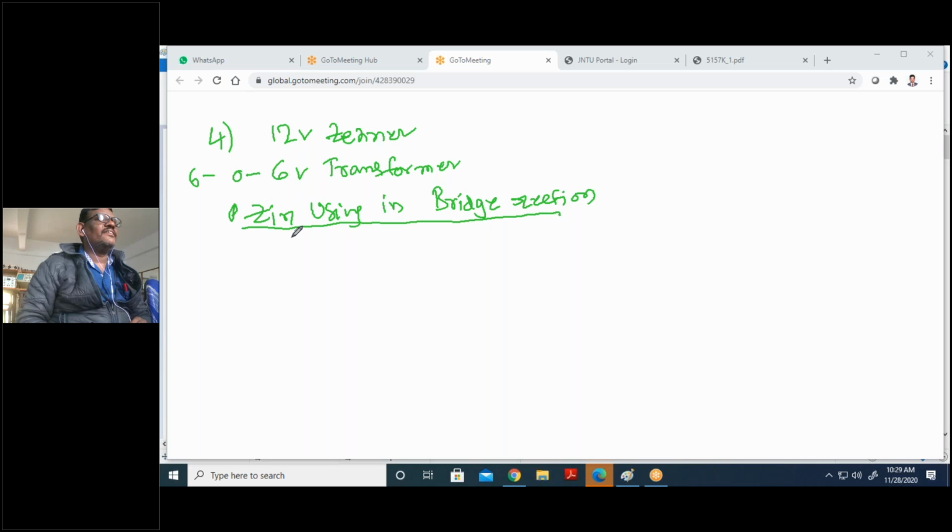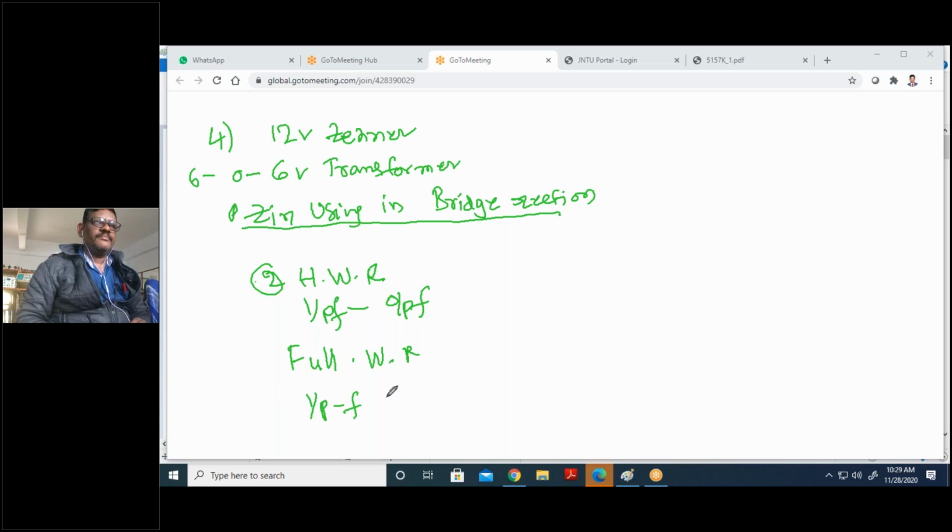This is a GATE question. And the second question, half wave rectifier, input frequency and output frequency. Full wave rectifier, input frequency and output frequency. These 3 questions. Who will give the answer?